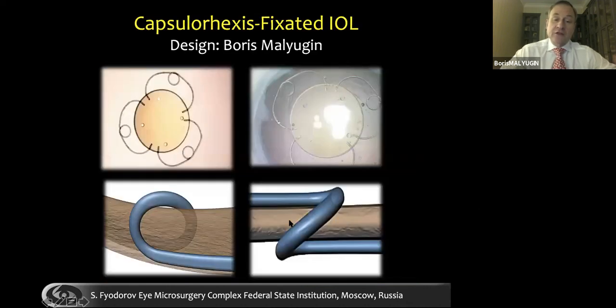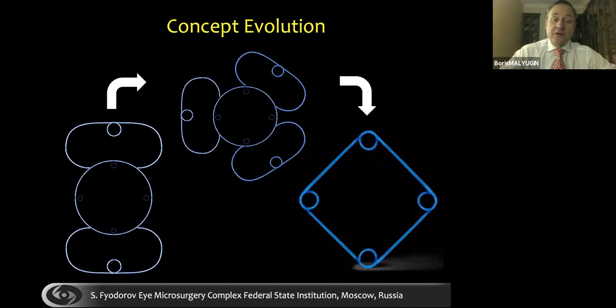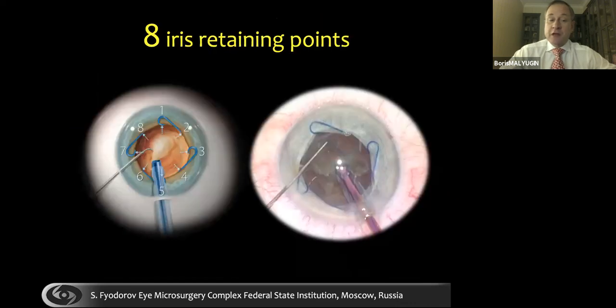And this principle was quite successfully used by us for catching the anterior capsule and using the anterior capsule for fixation of the intraocular lens. And then finally, we came up with the concept of the pupil expansion.